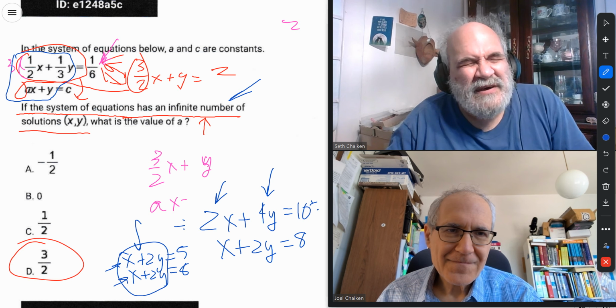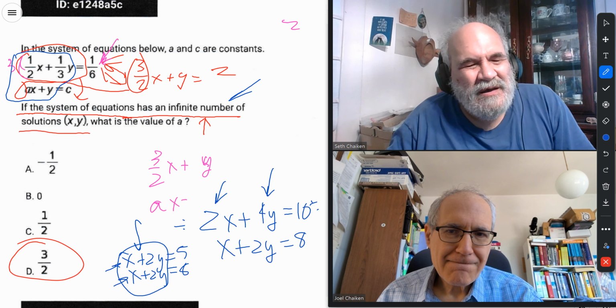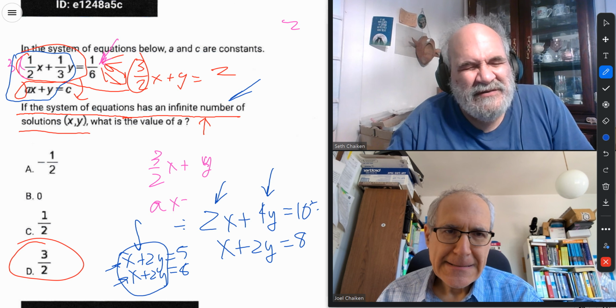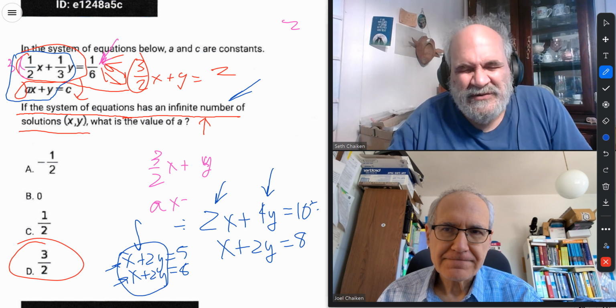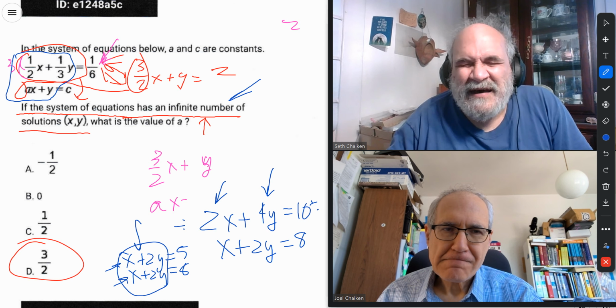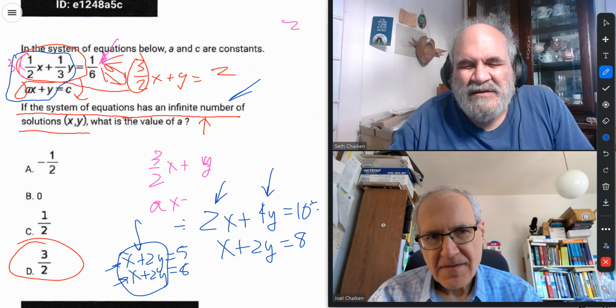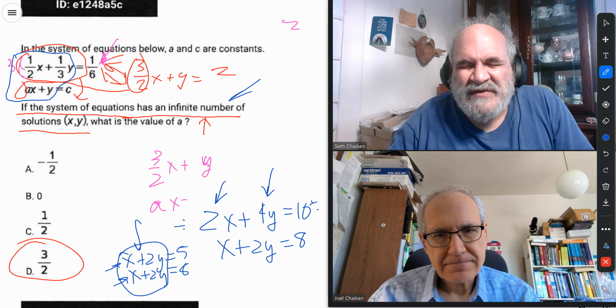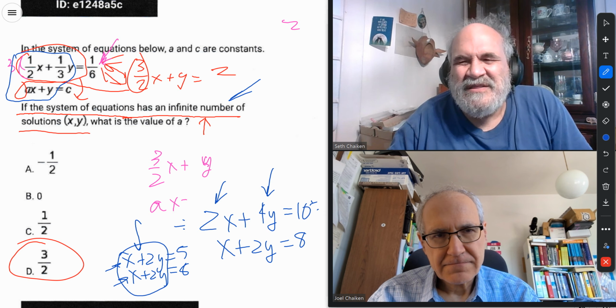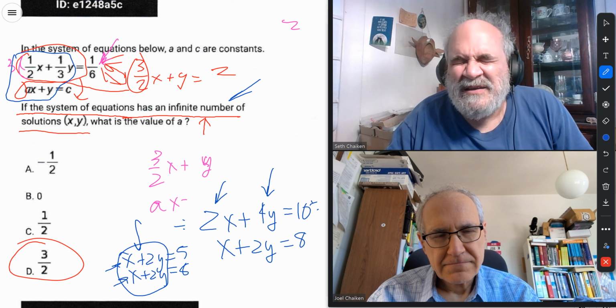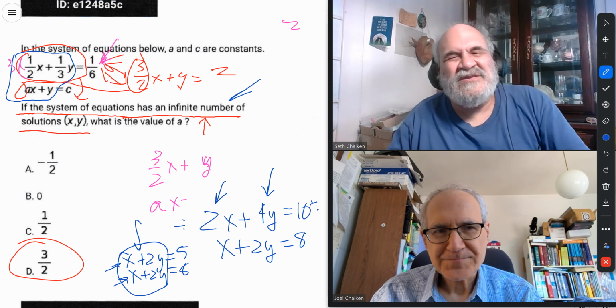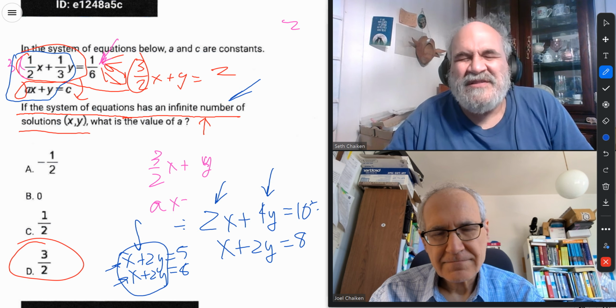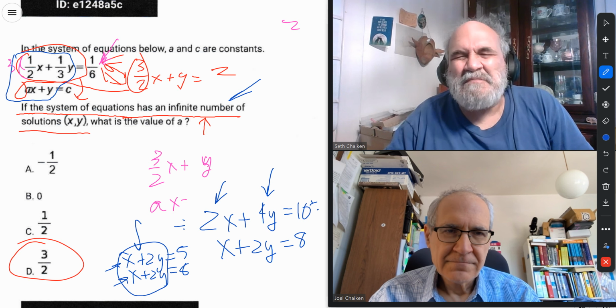Is that right? I think it's more helpful to explain geometrically what the difference is. If you plot the lines of the two equations, you will find that when the two equations have infinitely many solutions, the lines plotting the equations are coincident, right on top of each other. When the equations have no solutions, then the lines are distinct and parallel.